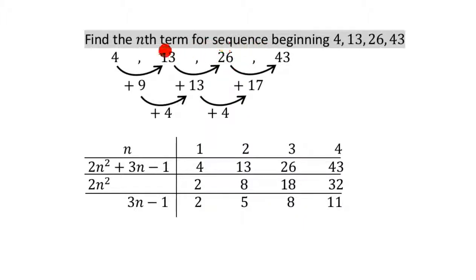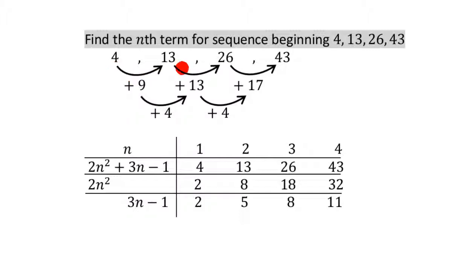So here's the example. We're going to find the nth term for this sequence that begins 4, 13, 26, 43. The first thing we've got to do is check that it is in fact a quadratic number pattern. So you write your sequence out and you look at the differences, and the differences between the differences.